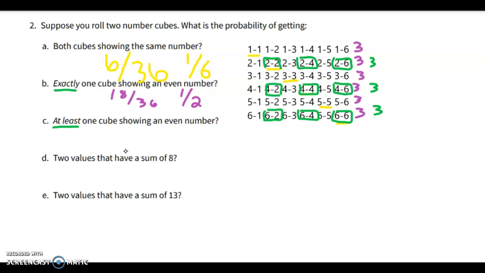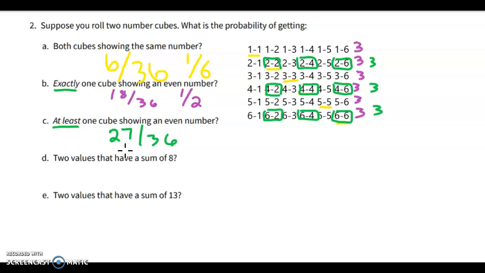We have 9. We have 20. We have 27 out of 36. And guess what? This once again is also not simplified.